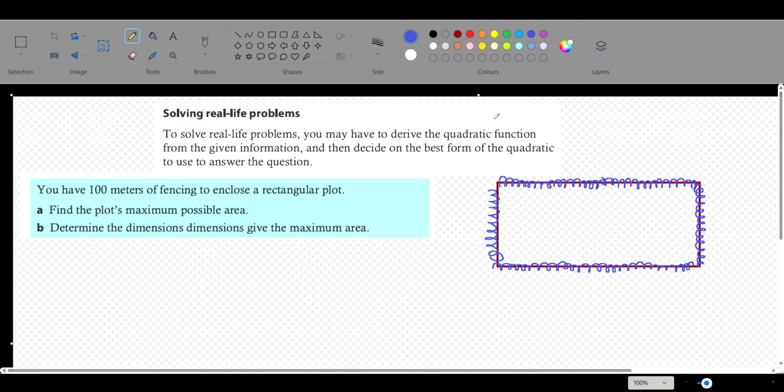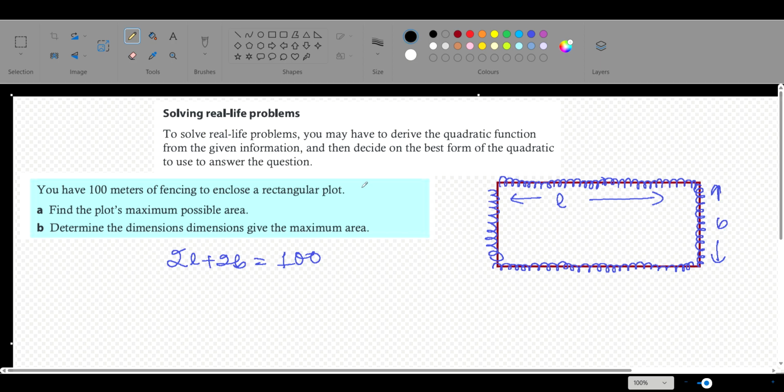So it means that if my length is represented by L and the breadth of the rectangle is represented by B, this comes out twice of L plus twice of B, that is given to me as 100. This is the only information that I have, right? And from this information I'm going to create the area function.